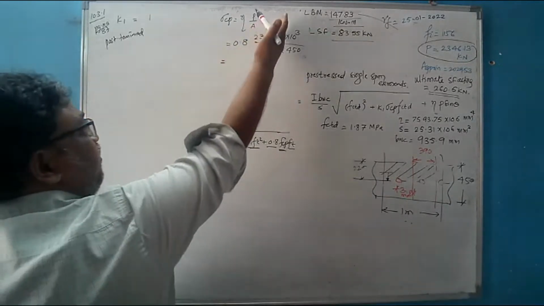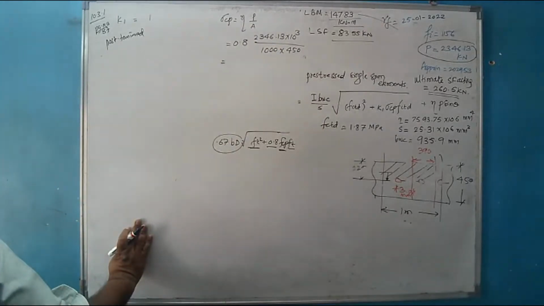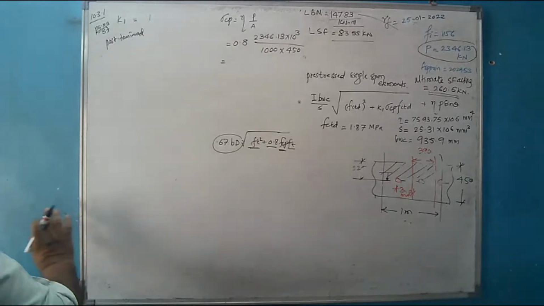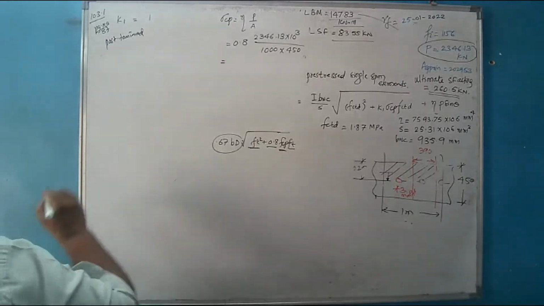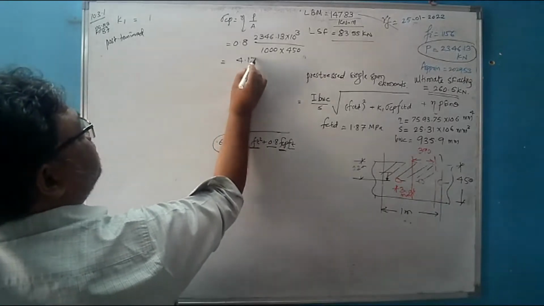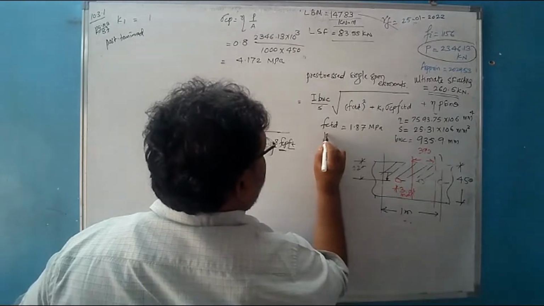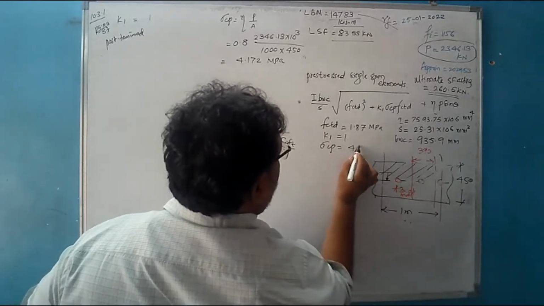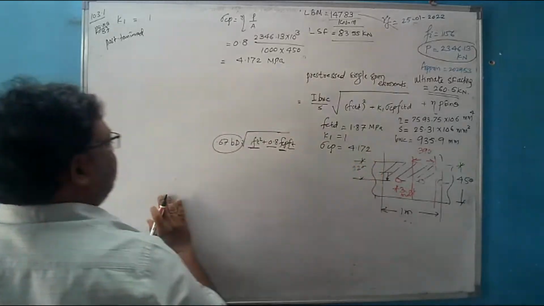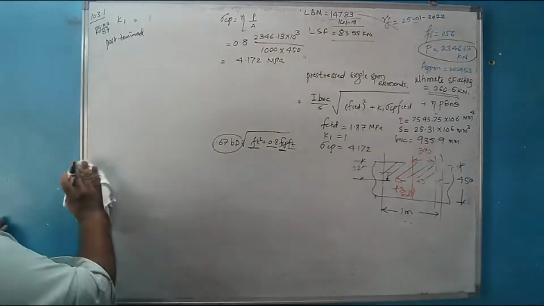So it is eta P by A. For this, you should have all the previous notes available, because we need the same values 50 times. Okay, fine, thank you. So it is 4.172 MPa. So the value of K1 is 1, value of sigma cp is equal to 4.172. Done. So we have got all the required values.